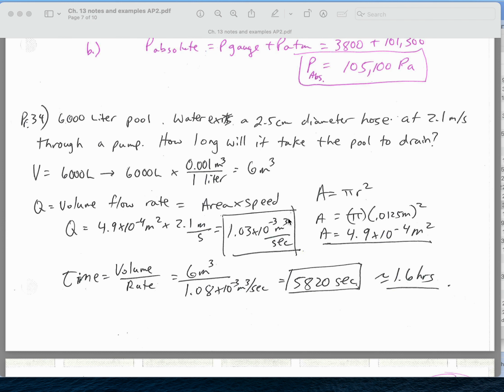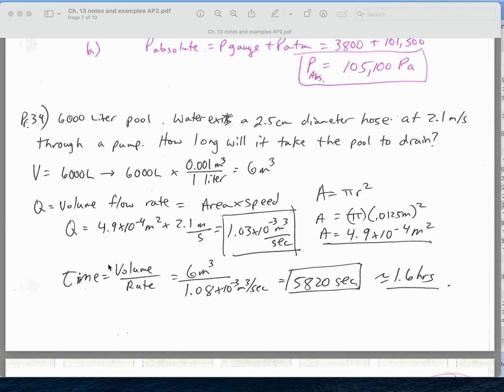So next, if we've got this volume of water, now we need to find the volume flow rate. That's the area times the speed. We were told that it was a 2.5 centimeter diameter hose, so the area is pi r squared. That's a 1.25 centimeter radius, or 0.0125 meters. So the area times the speed gives us the volume flow rate, which is 1.03 times 10 to the negative third cubic meters per second.